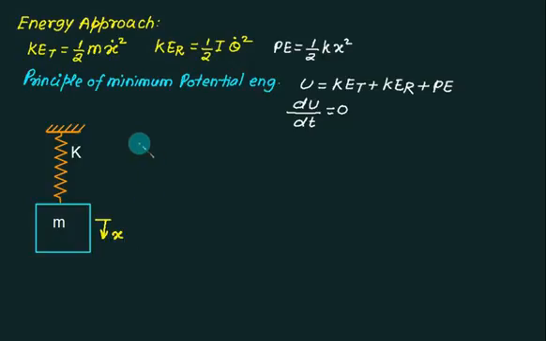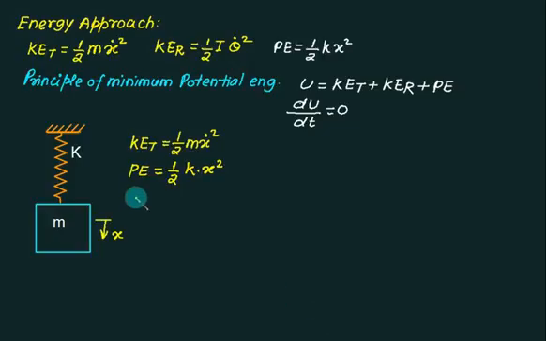For the natural vibration of one mass displaced by distance x, the translational kinetic energy is 1/2 m ẋ². If the mass moves by distance x, the spring is also displaced by distance x, so the potential energy of the spring is 1/2 k x².